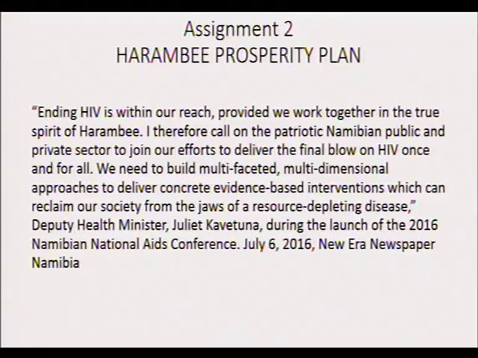Then she goes on, she said, we need to build multifaceted and multidimensional approaches to deliver concrete evidence-based interventions, which can reclaim our society from the jaws of a resource-depleting disease, which is HIV/AIDS. I think these are very good, wise words.